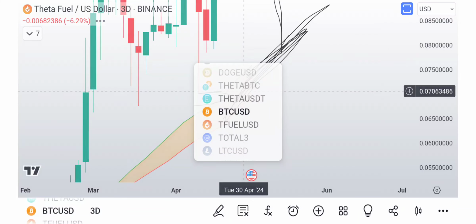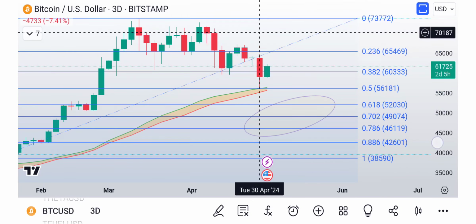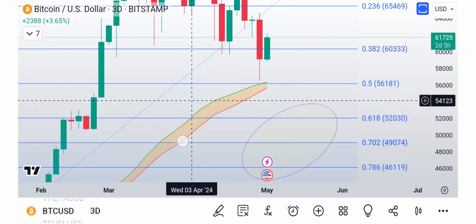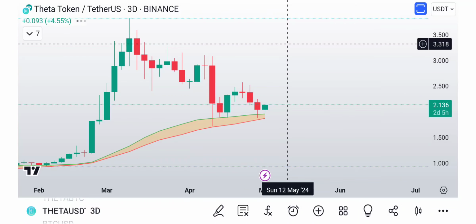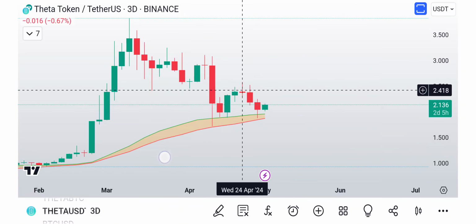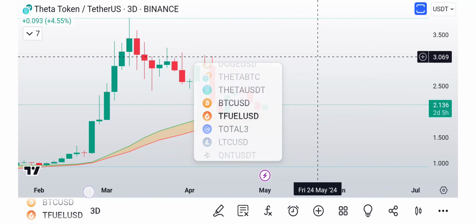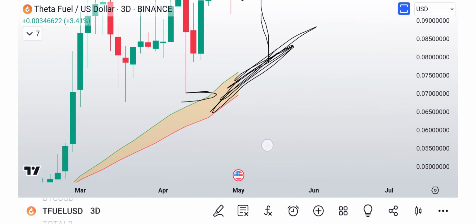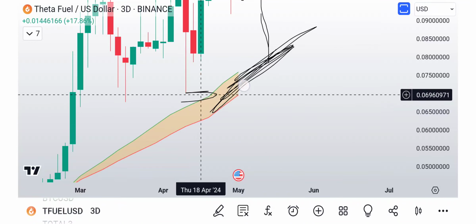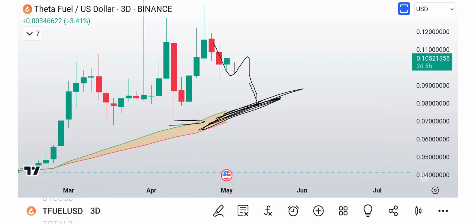Now, when I look at Bitcoin, you can see the angle is starting to round out a little bit, right? Theta, it's starting to round out a little bit, right? Theta Fuel, you can see, especially right here, it curves back to the upside.